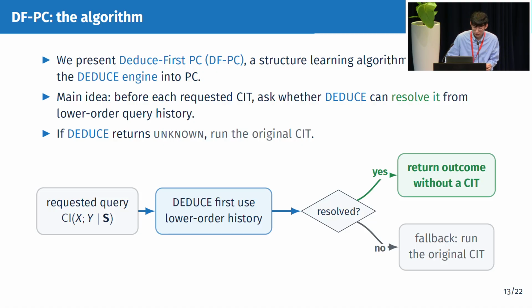If that Deduce engine can infer the outcome, then we immediately return the result and skip the CIT. But if it returns unknown, then we simply perform the original CIT. So in this case, our deduction module acts as a filter in front of the statistical tester, rather than as an additional procedure after testing.